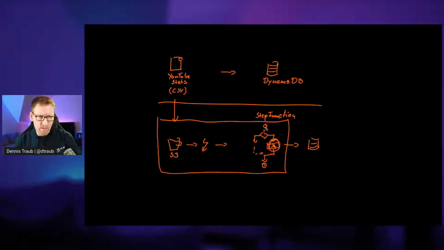And what we're going to do today is basically work on this part. All right, so what we're going to do today is really build this part. First of all, we need a DynamoDB table.